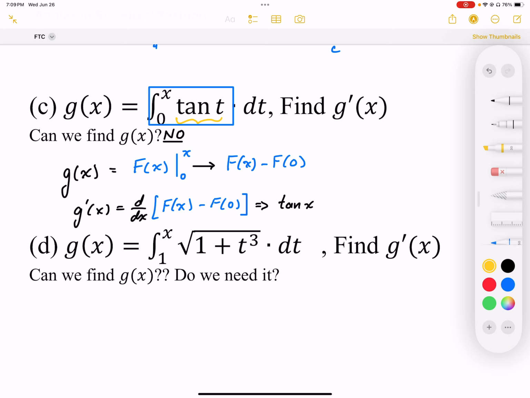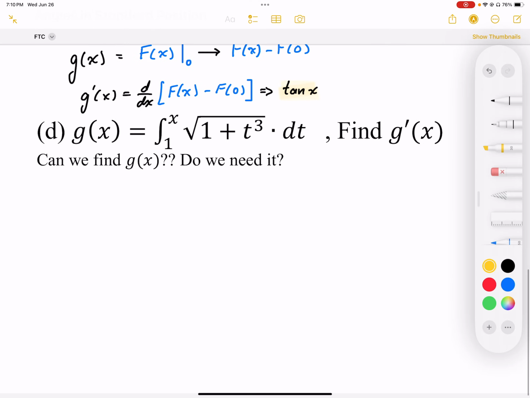So again, notice that I started with tan t and I ended with tan t. Although I didn't know what the antiderivative of tan is, I know it exists. And I also know that when I differentiate, I'm going to get back to tan. So again, we can see that the derivative and the integral will undo each other.